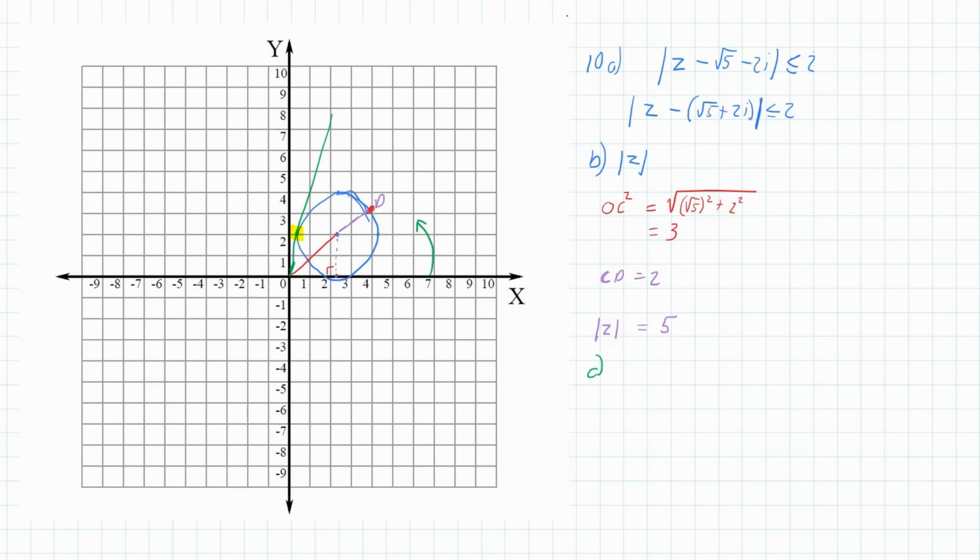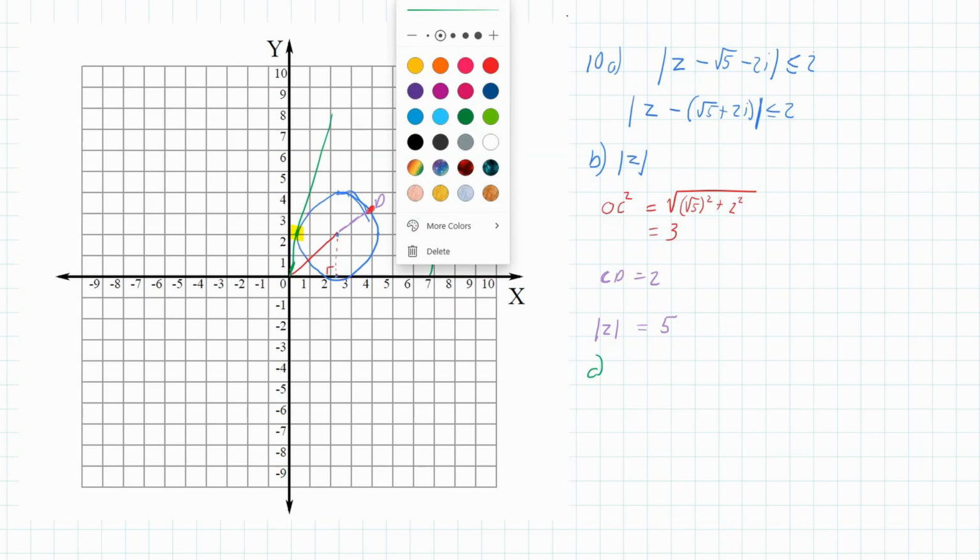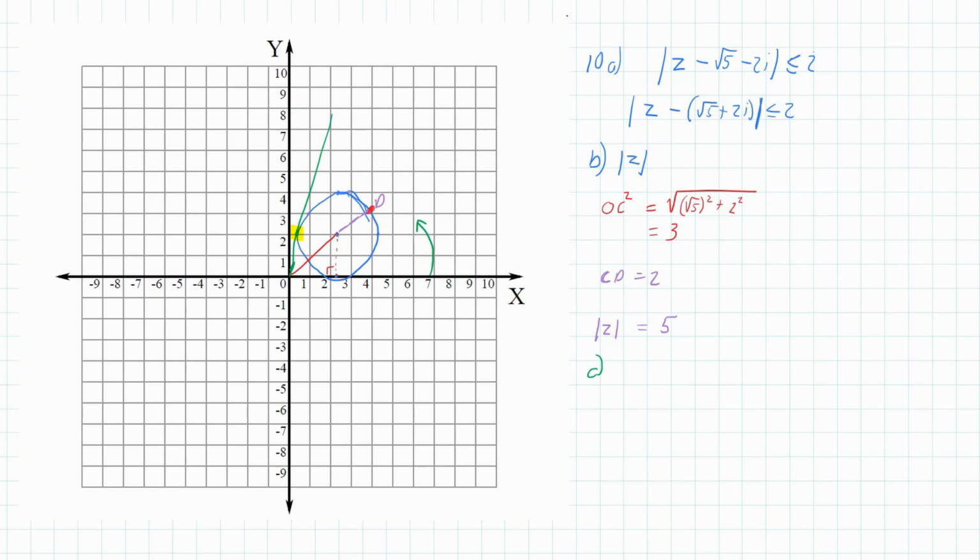Okay, so what are we going to do? Well, we can split it up into a couple of triangles, I guess. Actually, if you think about it, you've got this triangle here and this triangle here, and they are going to have equal angles.